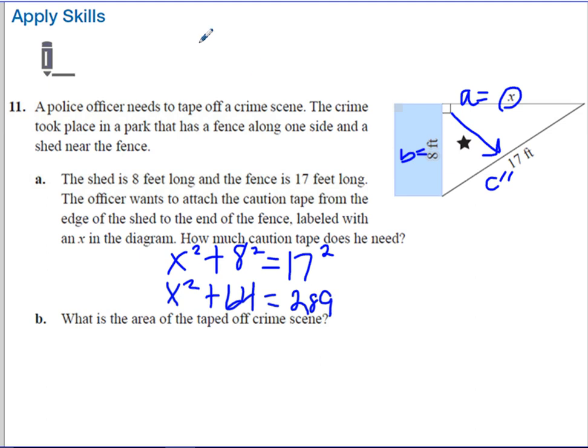And so what we're going to do is subtract the 64 from both sides. So let me write that up here. X squared plus 64 equals 289. And we subtract 64 from both sides.